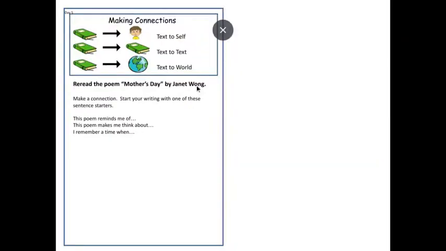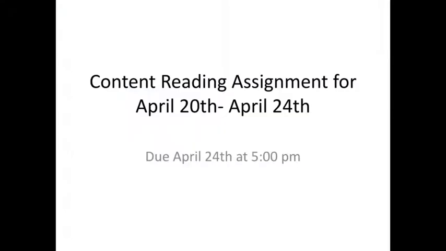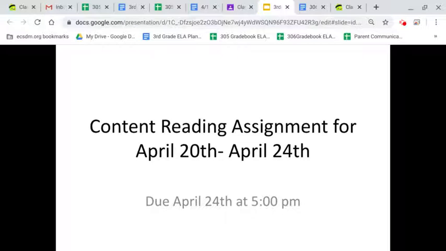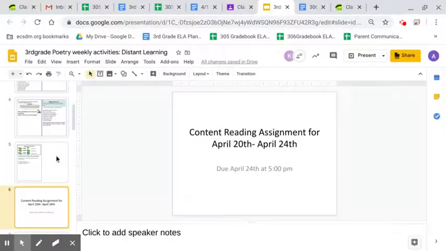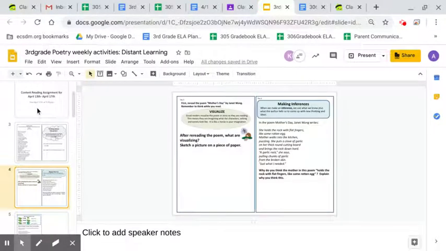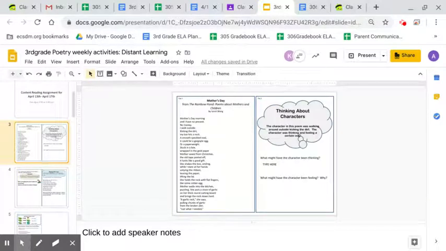And day 5 is making connections. So you're going to tell me what it reminds you of, if you're having a text to self, a text to world, or a text to text. Okay. And then I come to the next slide and it says it's for next week, so I can stop. You are only expected to do 1 a day. If you choose to do it all in one day, that's fine. That's completely acceptable if that's what you want to do, but you do not have to do it all in one day.